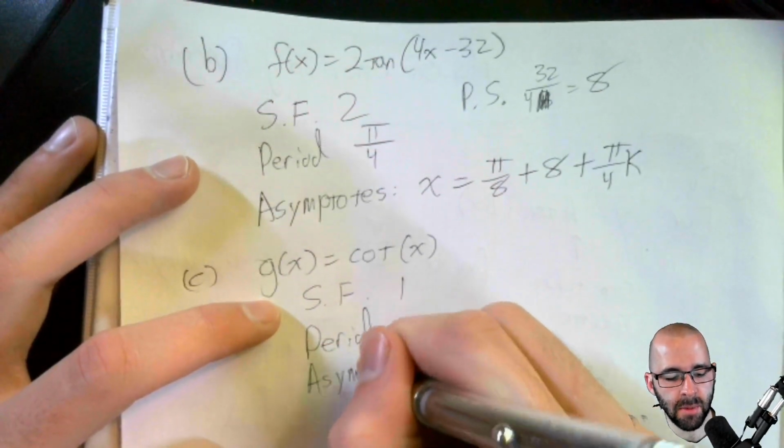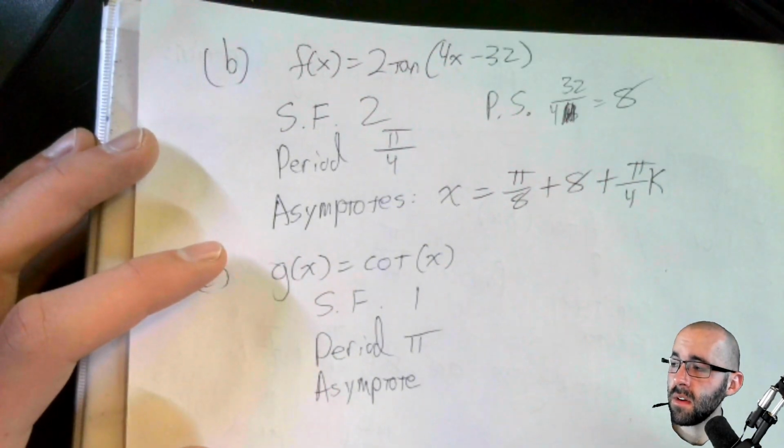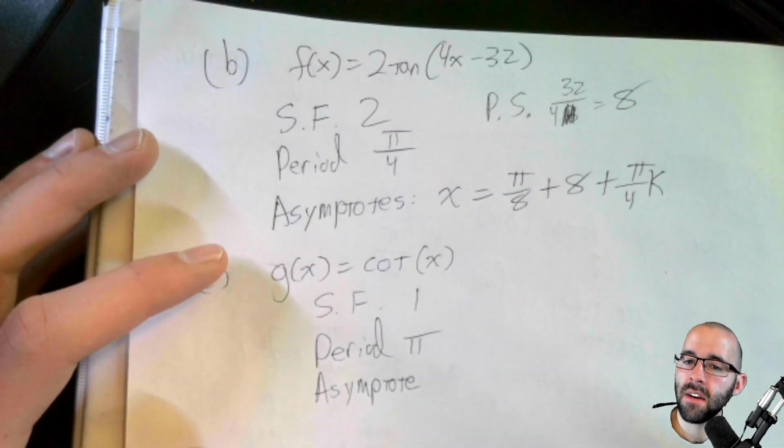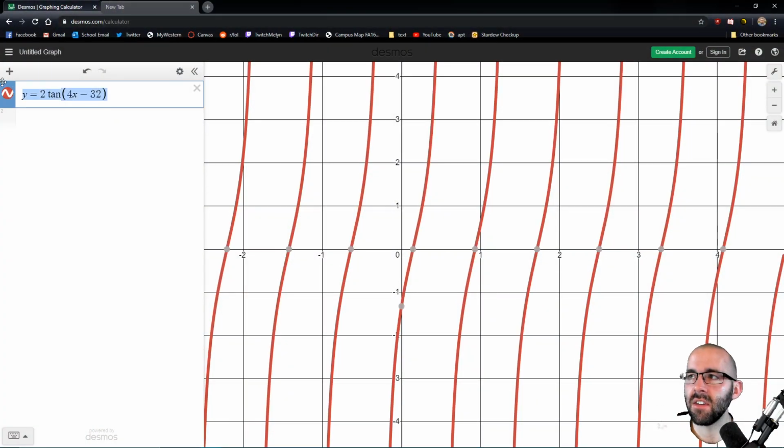The asymptotes are a little bit different, but it's the same idea. Find the first asymptote, and then just add periods. And remember back to the graph of cotangent, okay?